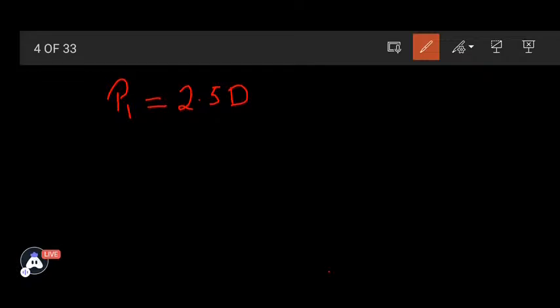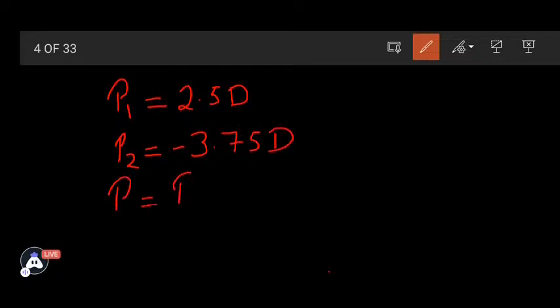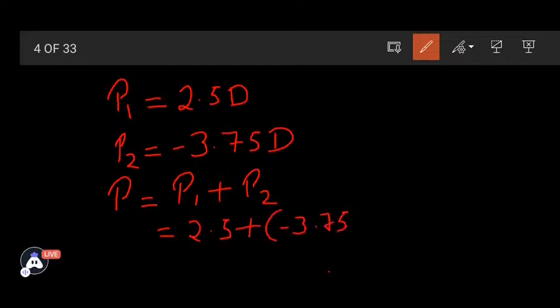By adding them. So P2 is minus 3.75 diopter. When you add both, the combined power becomes P = P1 + P2, or 2.5 + (minus 3.75). After calculating, the answer is minus 1.25 diopter. That is the combined power.